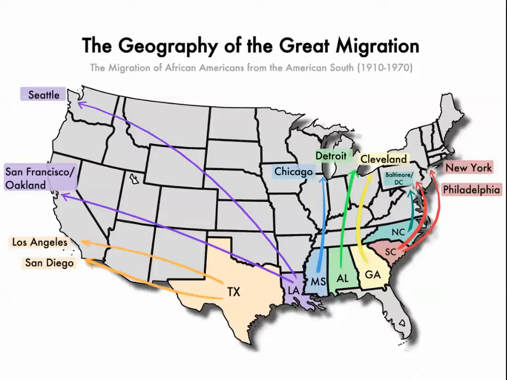There was a rather dramatic outmigration starting in about 1910 and subsiding by the 1970s of significant populations moving from the southern states into northern urban centers.